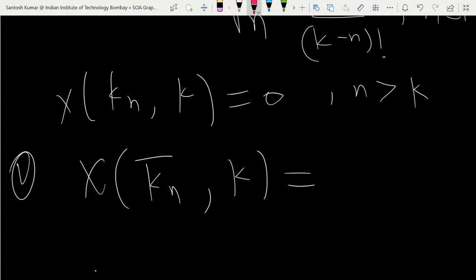For each vertex you have k choices, and since no vertex is adjacent to anyone, every vertex is non-adjacent to everyone. So all vertices have k choices of colors, and we get k raised to the power n. There is no restriction on k and n. k may be larger or smaller, no problem here, because you don't have to care about different colors at the endpoints. K raised to the power n.